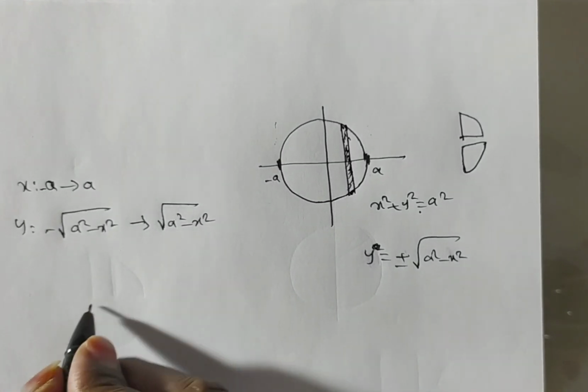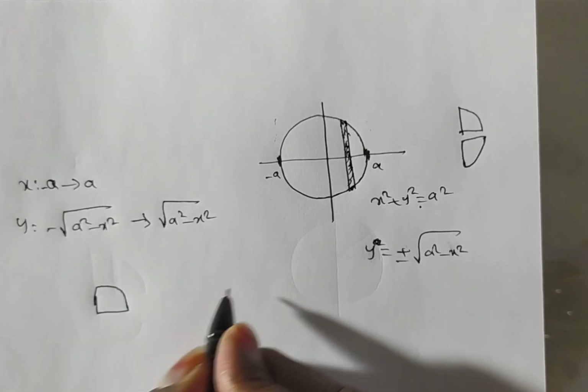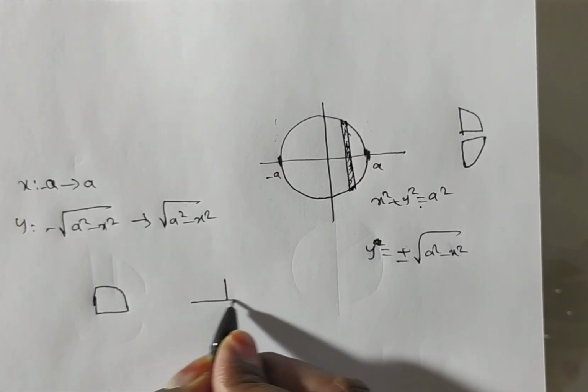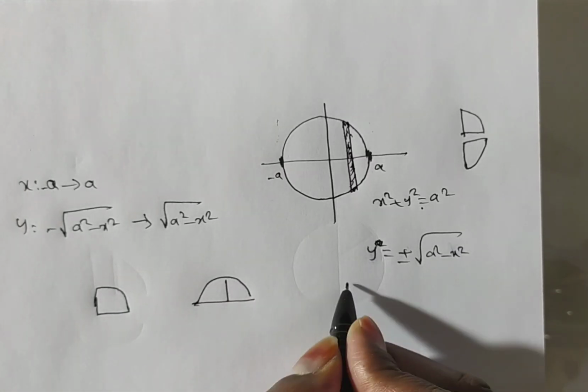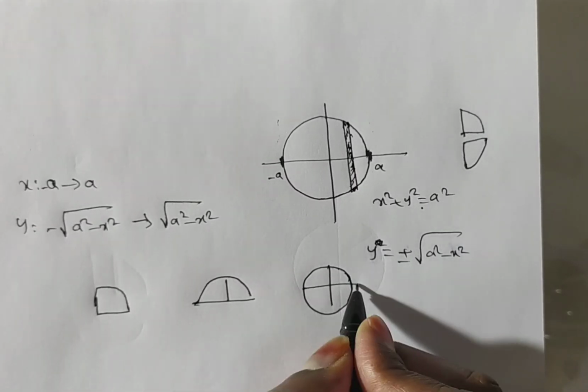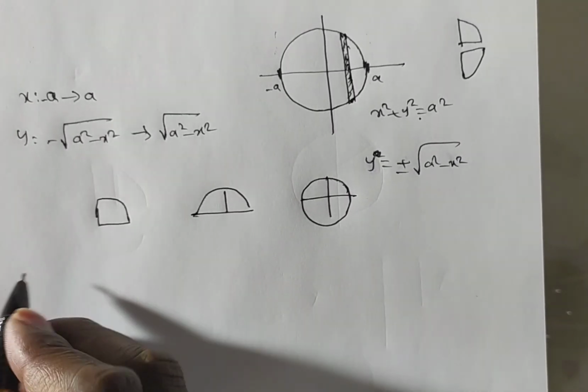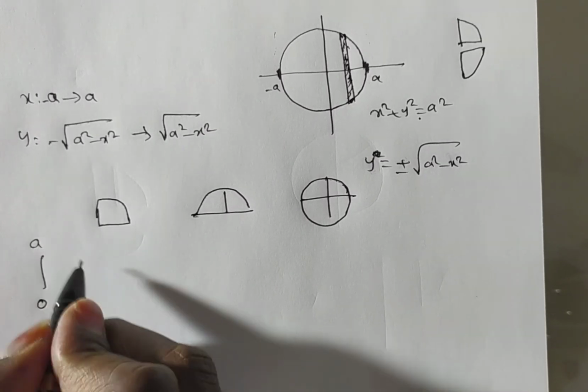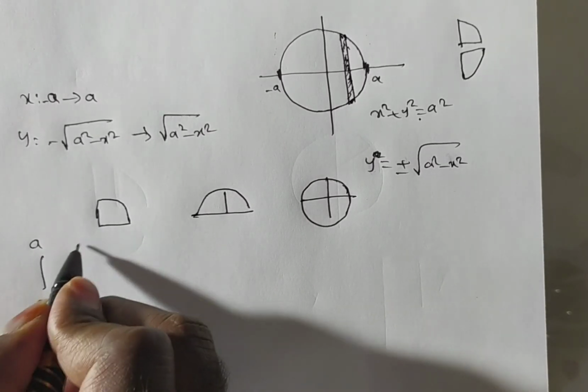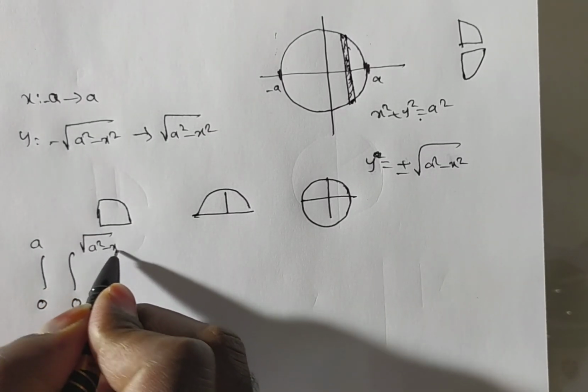Now you see, I will write the limits for the first quadrant, for the upper half of the circle, and for the full circle. You can understand very clearly. For this integral, in the first quadrant, y is from 0 to square root of a square minus x square.